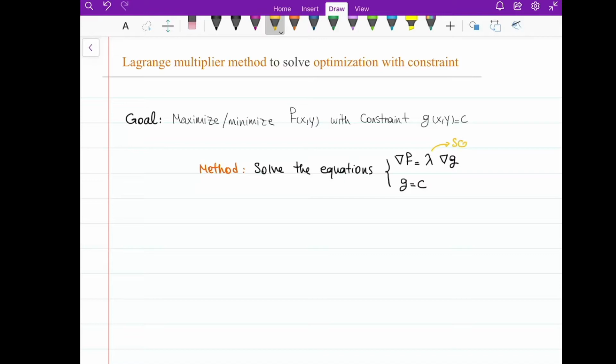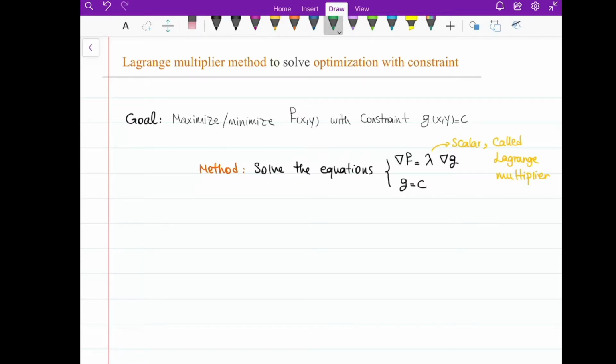Lambda is a scalar, and it's called Lagrange multiplier. After we find gradient of f and we set it equal to lambda gradient of our constraint, we have a system of equations like this, and after we solve the system of equations with the variables lambda, x, and y, then we can find the optimum values for f.